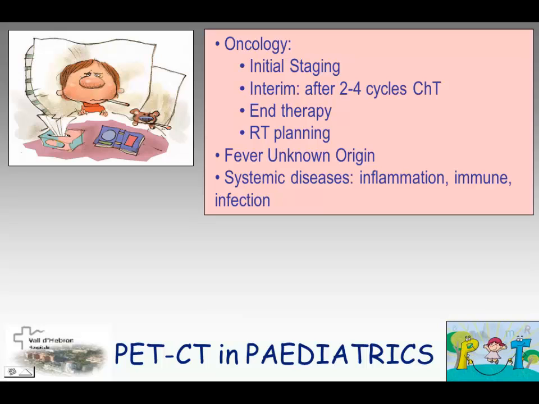For example, last week we performed a PET-CT to discover if a child has an active tuberculosis or not. There is no evidence in children, but yes in adults, and in this child we discovered positive lymph nodes with high uptake in both perihilar areas.